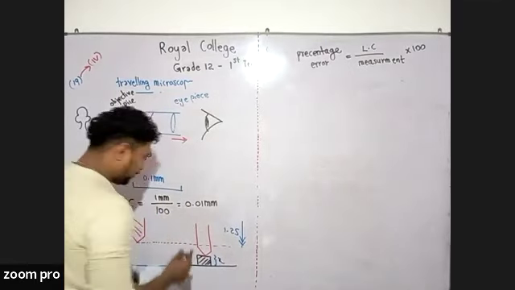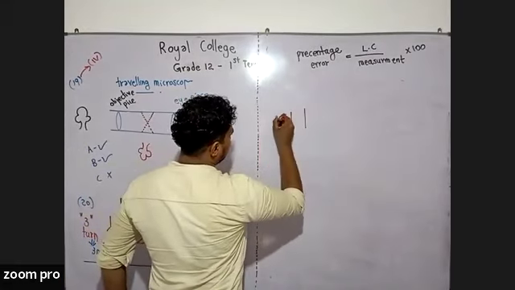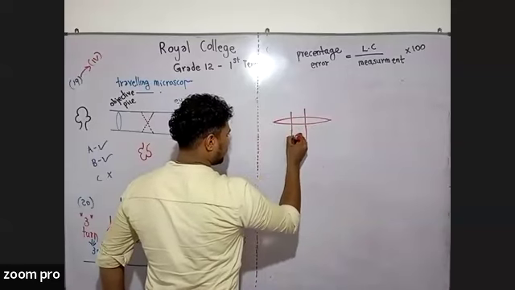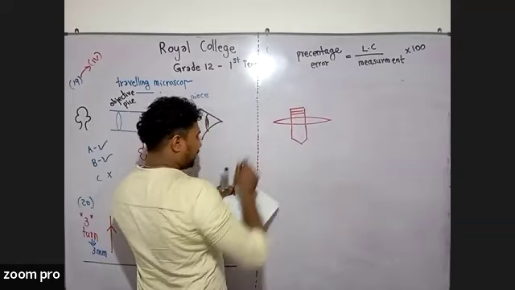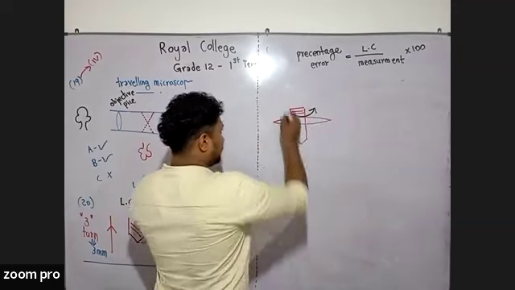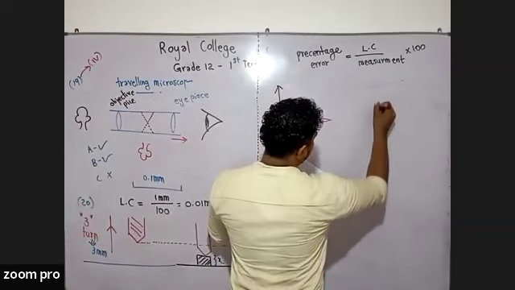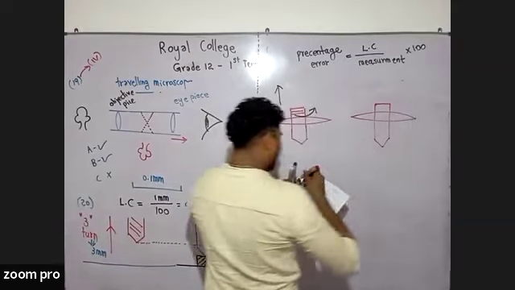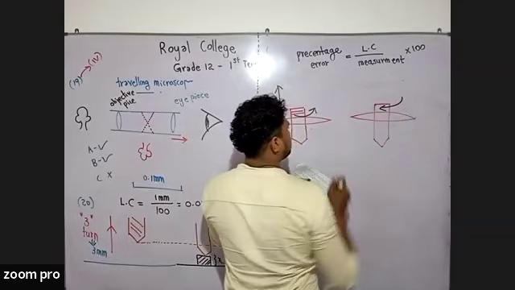Keep in mind that in order to move upward, we have to rotate this screw towards this direction, right? So in order to move downwards, you have to rotate the screw towards the opposite direction.